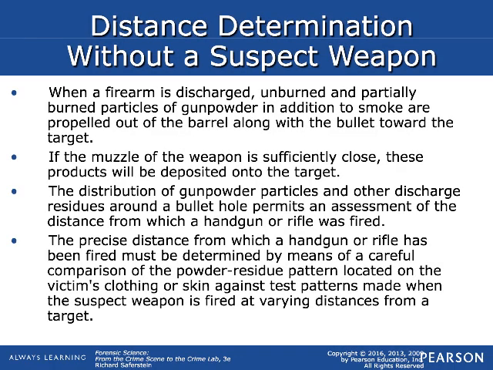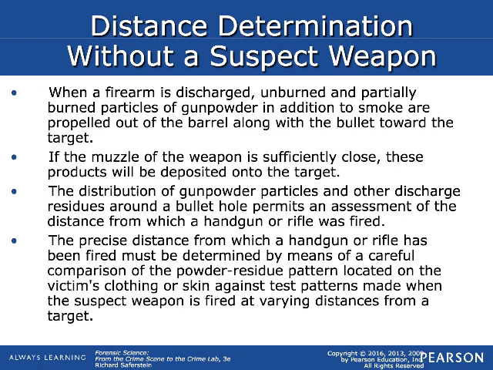Okay, now how do you determine how far away someone was? Distance determination without a suspect weapon. When a firearm is discharged, unburned and partially burned particles of gunpowder, in addition to smoke, come out of the barrel along with the bullet, and they're going to go towards the target.